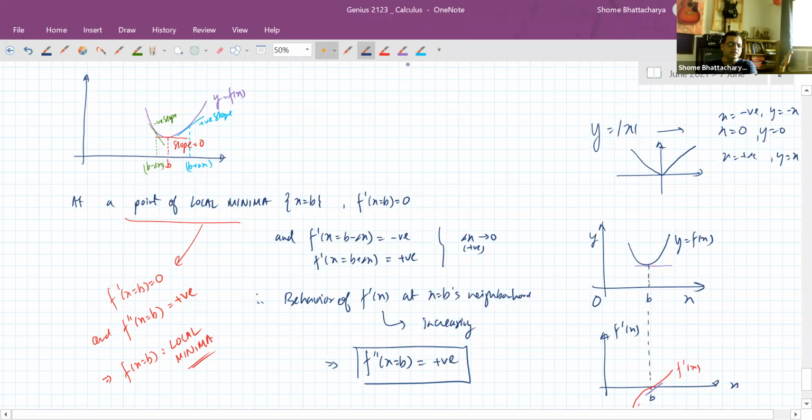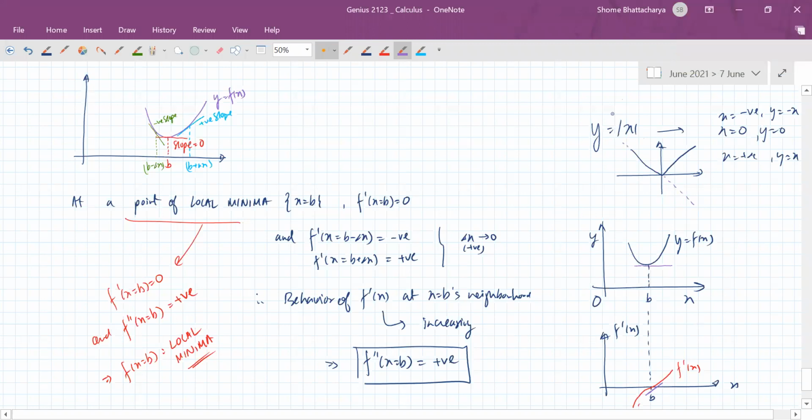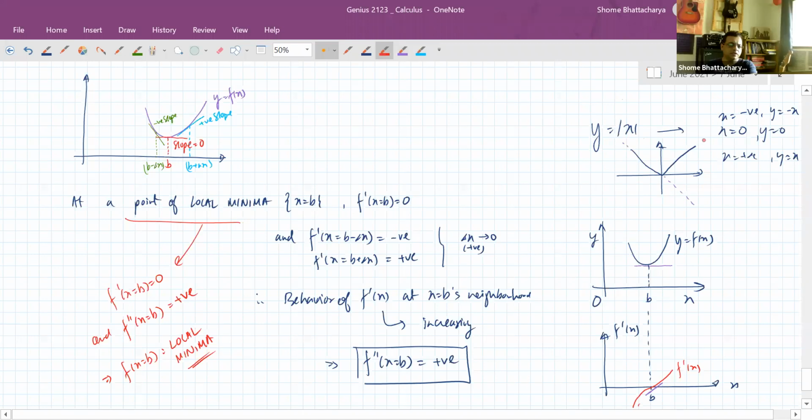Basically, you can see in the negative part of the domain, what is the equation of this line? It is the line y equal to minus x, but you're taking only one part of that line instead of the whole line. Whereas in the positive part of the domain, you're taking a part of the line y is equal to x.